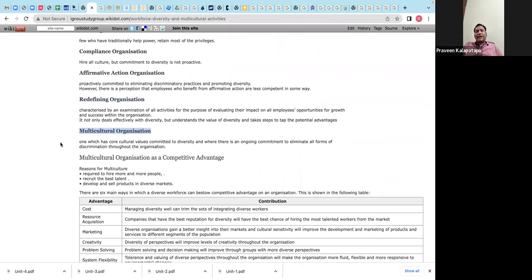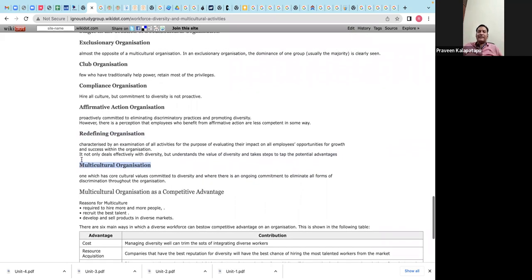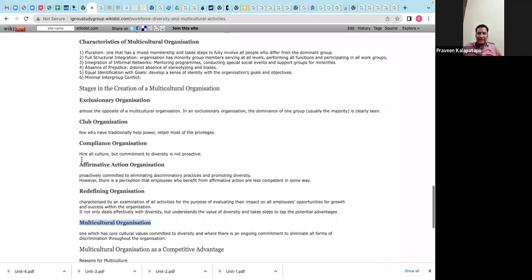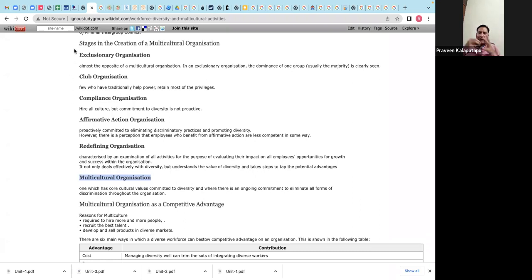This is the epitome of multiculturalness. It has the cultural aspect core to the organization. It is born to support multicultural values, right? So the core cultural values are on diversity, and they have ongoing commitment, and there is no discrimination at all in this organization. It eliminates all forms of discrimination throughout the organization, right? So this is the multicultural organization.